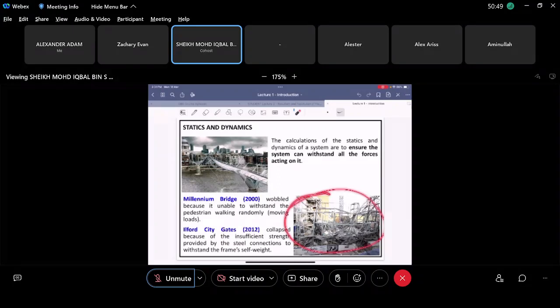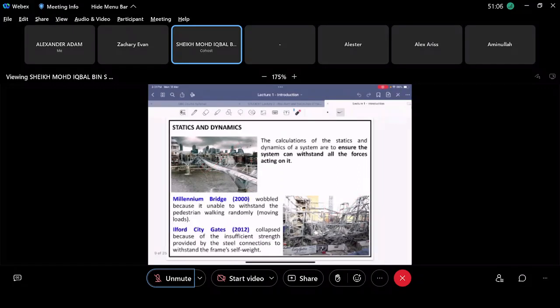They did the design of the building, but did not consider that the material they are using has its own weight. Every material has its own weight, and you have to consider it. If you don't, it will collapse like this one and this one.